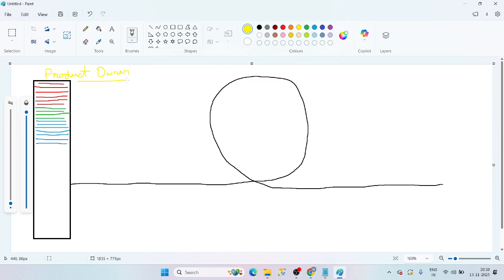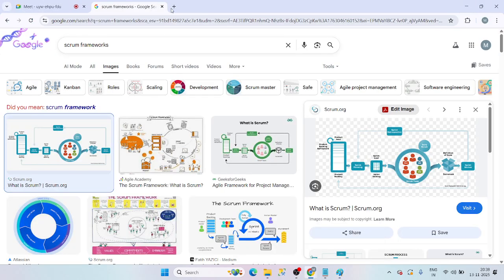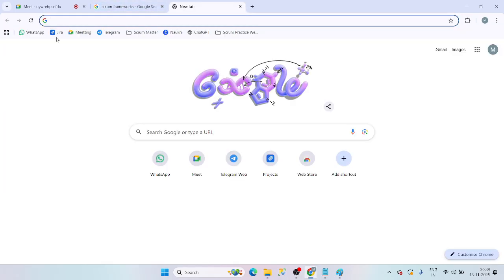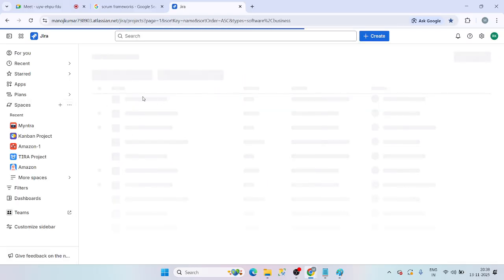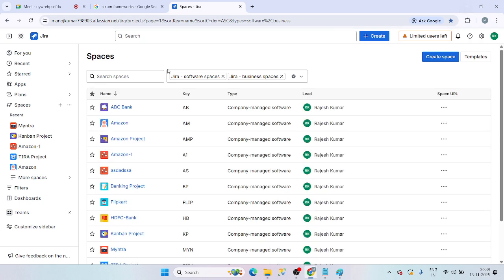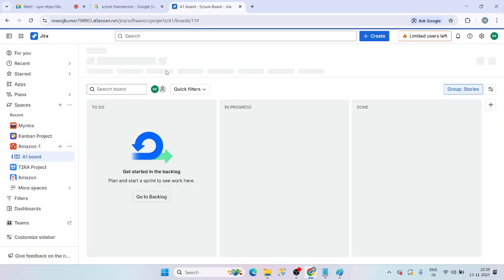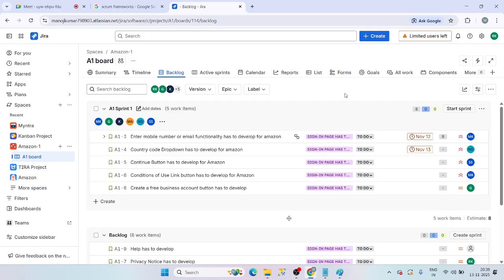Whatever the client says, he will gather all the requirements, bring them, and keep them in Jira, in the Jira backlog. He will keep them as backlog items. Where, Manoj? This is called the backlog, guys.